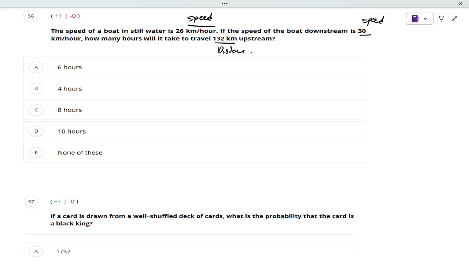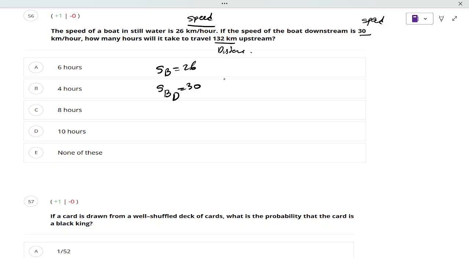Since the speed of the boat in still water is given, 26, and the speed of the boat downstream is given, 30, we need to find the speed of the stream by any means.